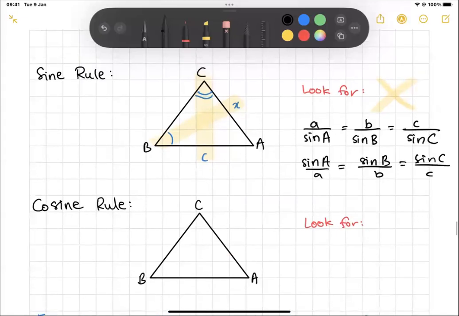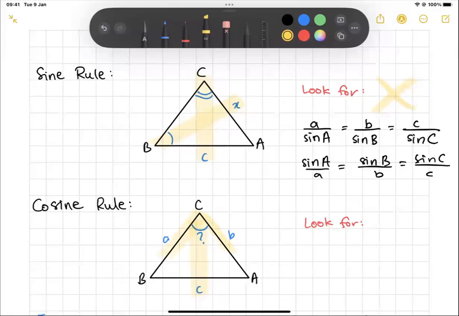For cosine rule, let's say I'm trying to find what angle C is, but I know what the lengths C, B, and A are. Before I look at the formula, I need to find out what I need to look for to use cosine rule. If I don't know what angle C is, let's first draw a line to its corresponding side. Then use the other two lengths and make a TP.